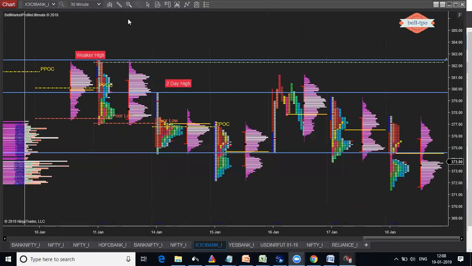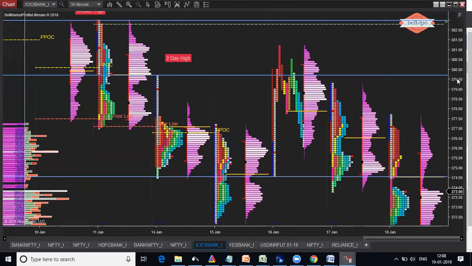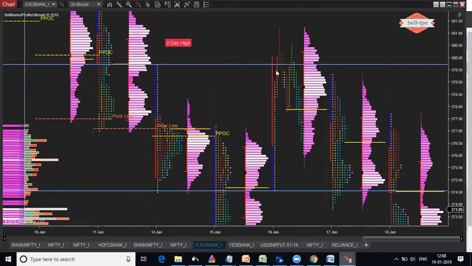But still, it is an ABC elongation with a multi-day breakout, and you see that letter A almost broke the day high. Letter B broke the day high, and letter C was breaking the day high. When the letter C is breaking, you see that the letter C period low is exactly at the 2-day high.